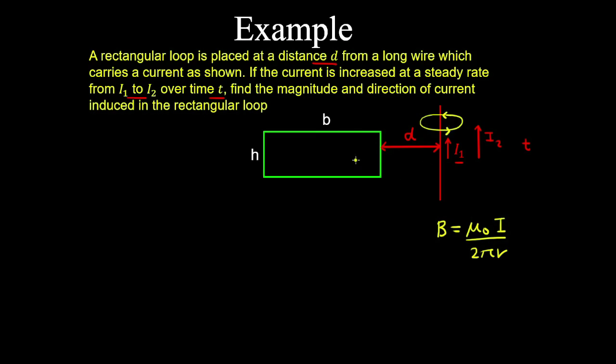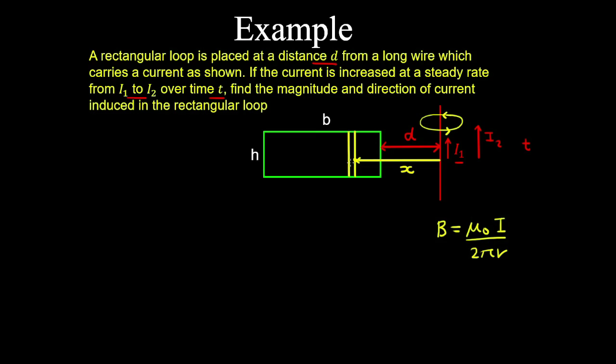So at some distance x from the wire inside that loop, the magnetic field is going to point out of the screen, and it's going to be the same at all points along this yellow line, because it has the same radial distance from the wire.